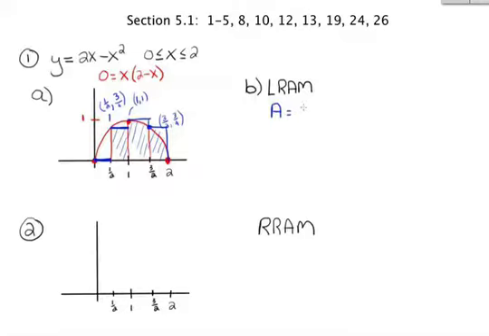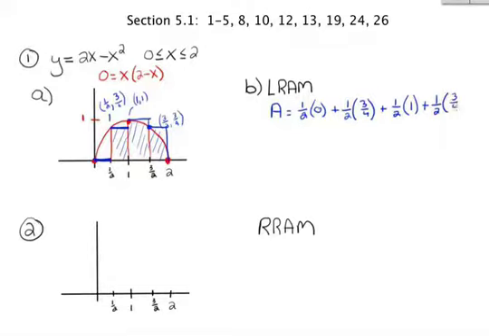So I do half times 0 for the first rectangle, plus half times 3/4, because that's the height of this second rectangle, plus half times 1, because that's the height of the third rectangle, plus half of 3/4 again, because that's the height of the last rectangle.